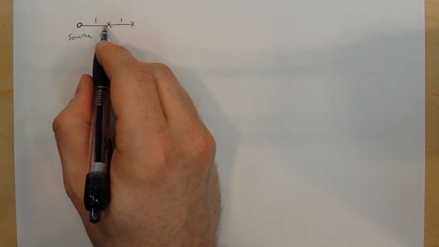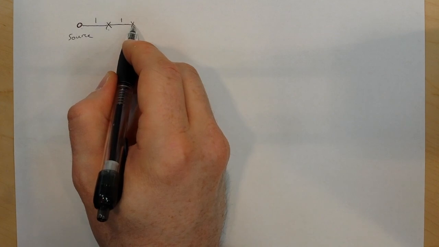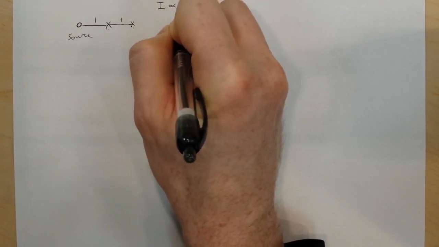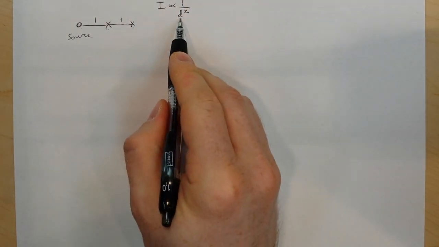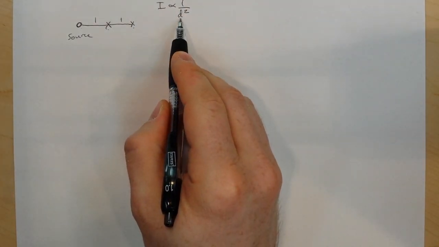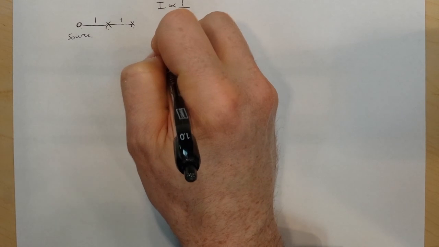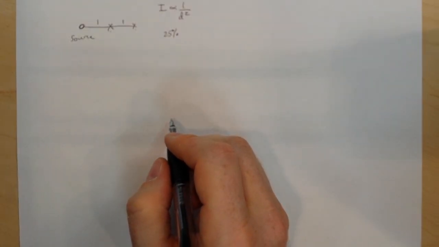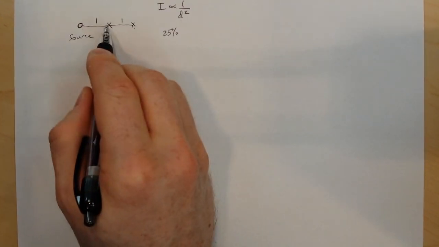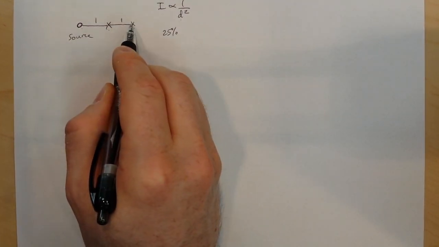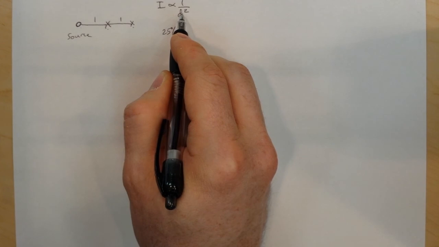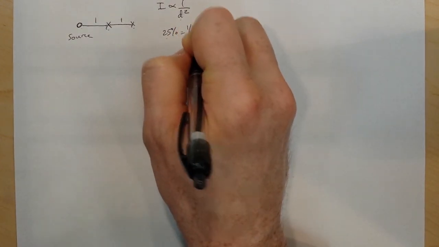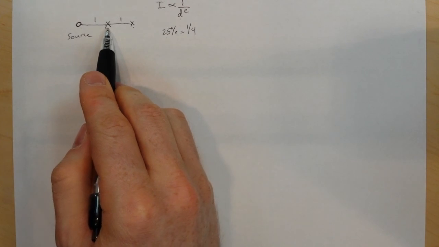I'm 1 away, I then am 2 away, I've doubled my distance. Remember, inverse square law, intensity is proportional to 1 over the distance squared. If I double my distance, I get 25% or 1/4 of my initial intensity, right? 1 unit away, I move to 2 units away, 1 over 2 squared, 1 over the distance squared, 25% or 1/4 the original intensity, okay?